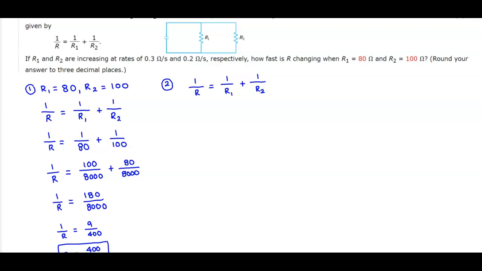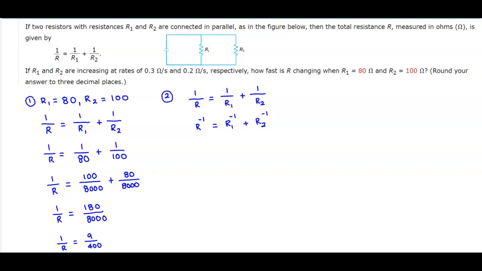So if we rewrite this with negative exponents, this is R to the negative 1 equals R1 to the negative 1 plus R2 to the negative 1. Now the next step is we want to differentiate with respect to t.